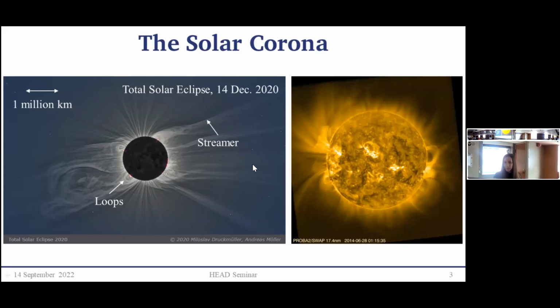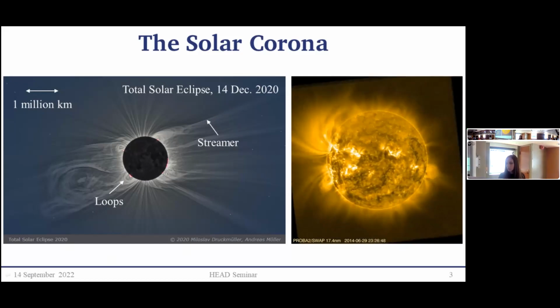So that's one key piece of information about the corona. Also, from this image you see that it's not in equilibrium. It's so extended in contrast to the photosphere. You might get the idea that, not being in equilibrium, it's also very dynamic.